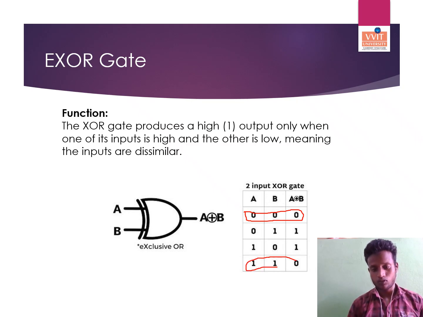The XOR gate produces a high output only when one of its inputs is high and the other is low. If two inputs are the same, the output is 0. It is the exclusive OR.